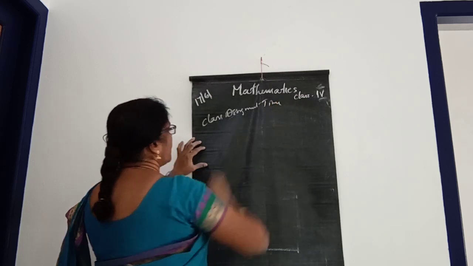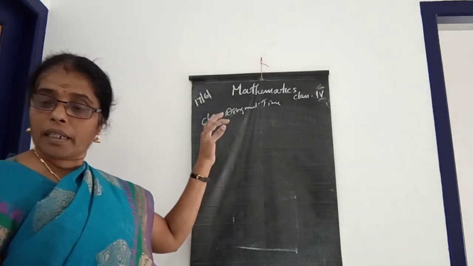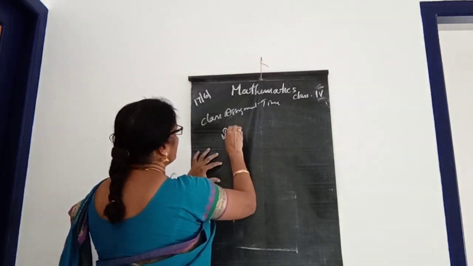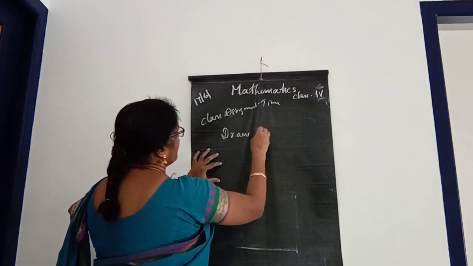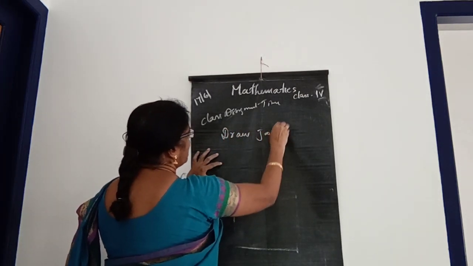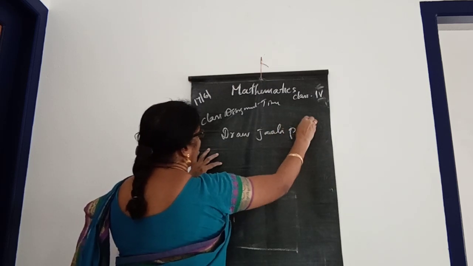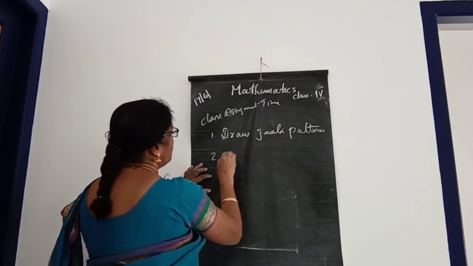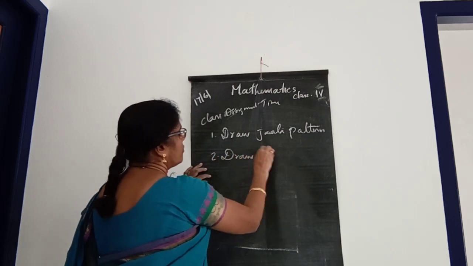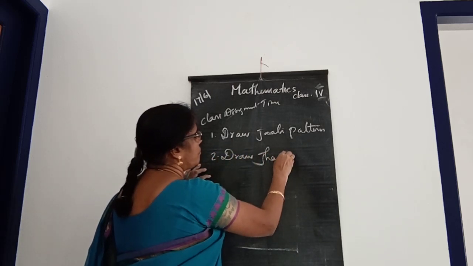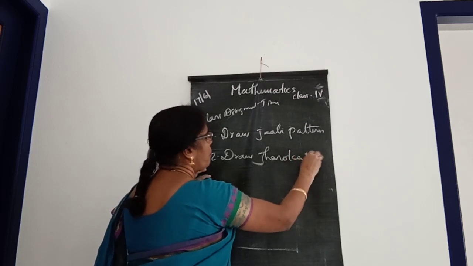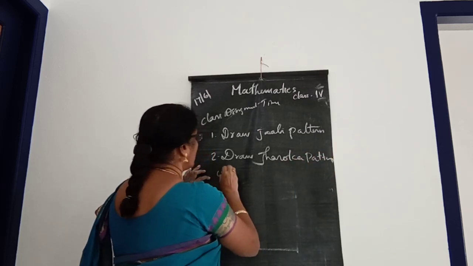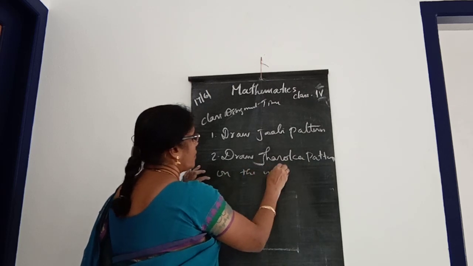Class assignment time. Page number 9. You draw your own jali pattern. Draw Jaroka pattern on the wall.